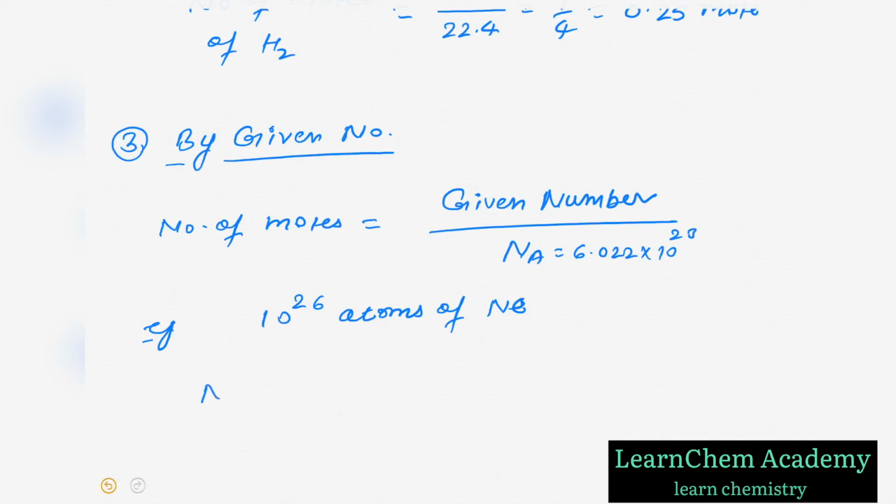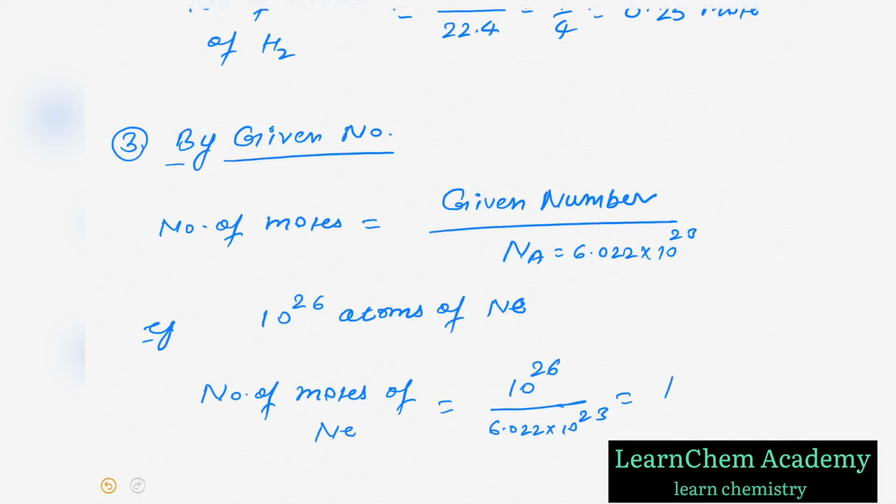So we can write number of moles of neon is equals to 10 raised to power 26, which is divided by 6.022 into 10 raised to power 23.